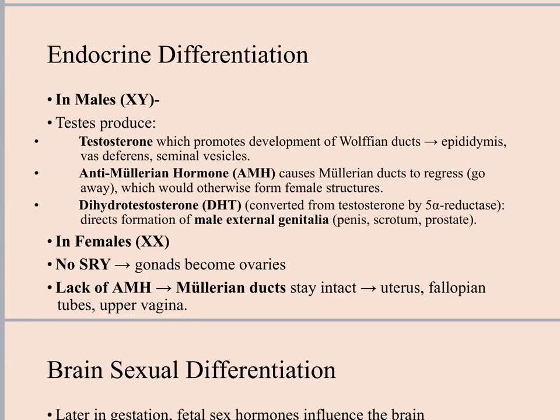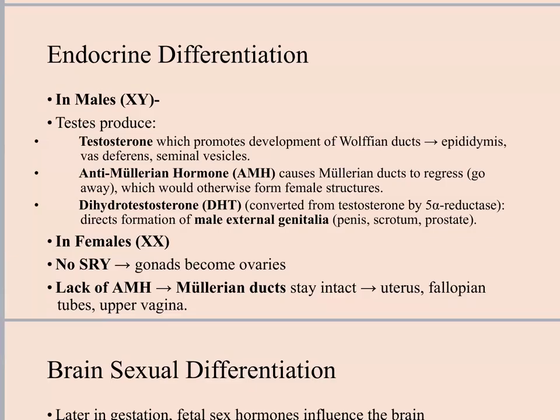So in males, the testes produce testosterone, and that testosterone promotes development of something called Wolffian ducts, which then turn into the epididymis, the vas deferens, and the seminal vesicles. And also, the testes produce anti-Mullerian hormone, which causes Mullerian ducts to regress, so they go away.